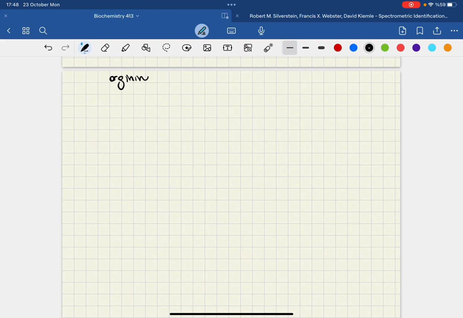What was arginine? So first of all, we had our carboxyl group, and we have our amine group, and then we have our side chain, which goes with 3 carbons, and then we have a nitrogen group over here, and then 2 nitrogen groups also.